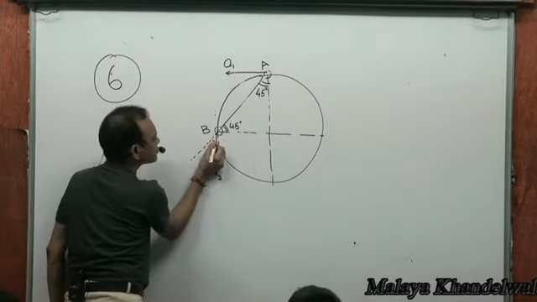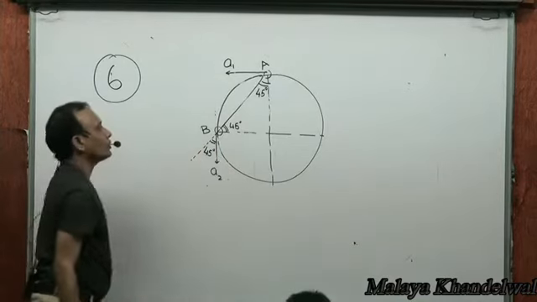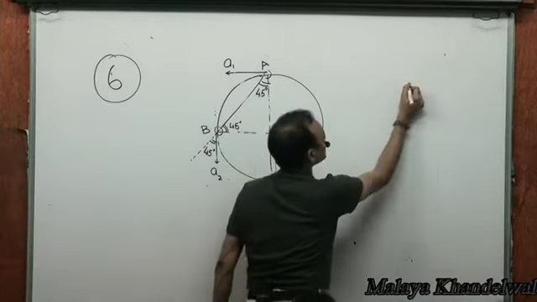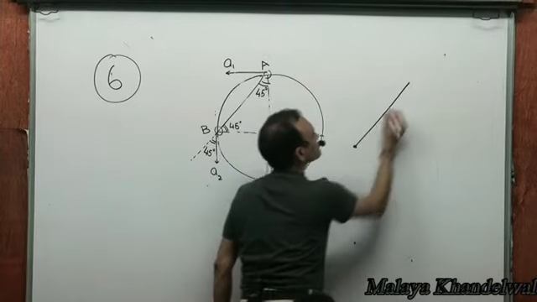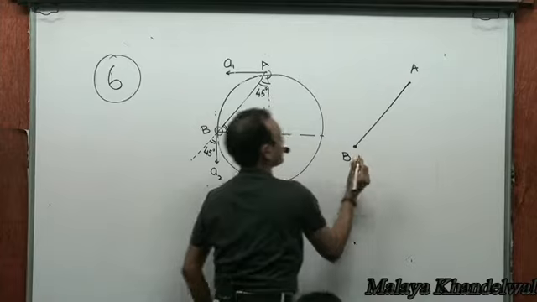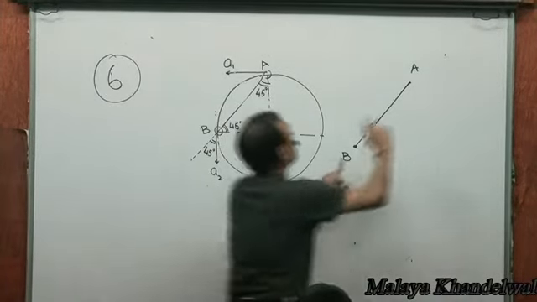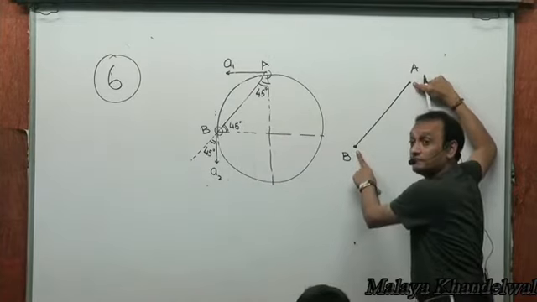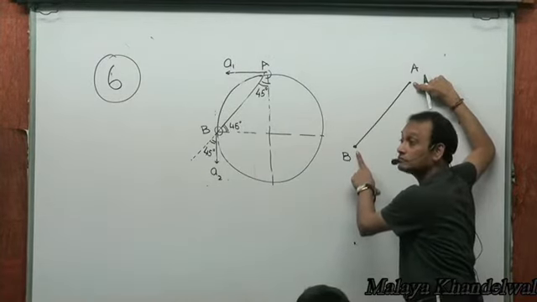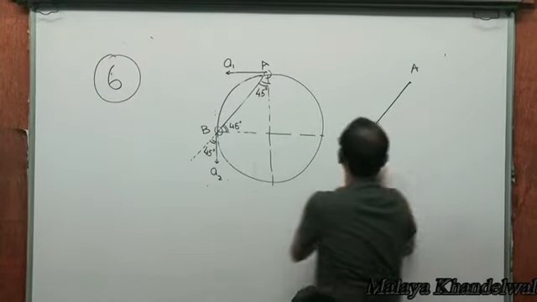This is 90 degrees, so this will also be 45 degrees, ordinary geometry. Now, if you look at A and B like this, the string remains taut. That means the separation between A and B is not going to change with time.